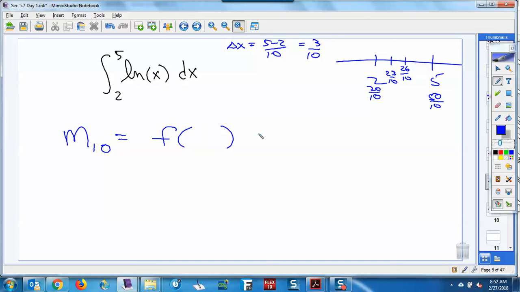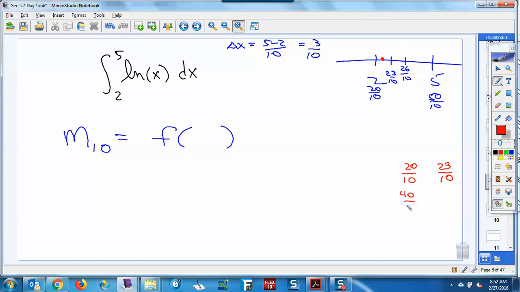What's my first midpoint? Well, what's halfway between 20 tenths and 23 tenths? No, you can't do 21 and a half tenths. So what do you do?